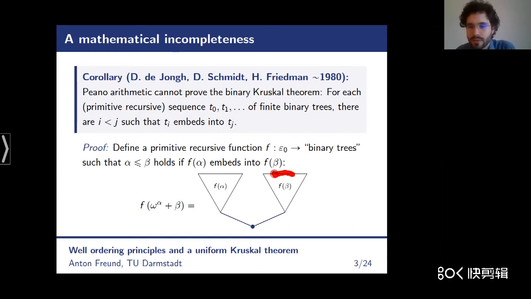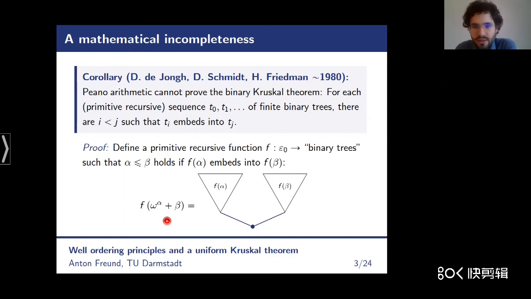So it will assign some tree f of beta to beta, and then to define the value of f on this sum here, on, let's say, an arbitrary element of epsilon 0, you simply take these two trees that were previously constructed, you add a new root node, you connect the new root to these two trees, and then this bigger tree here will be the value of f on this new exponential expression, omega to the alpha plus beta.